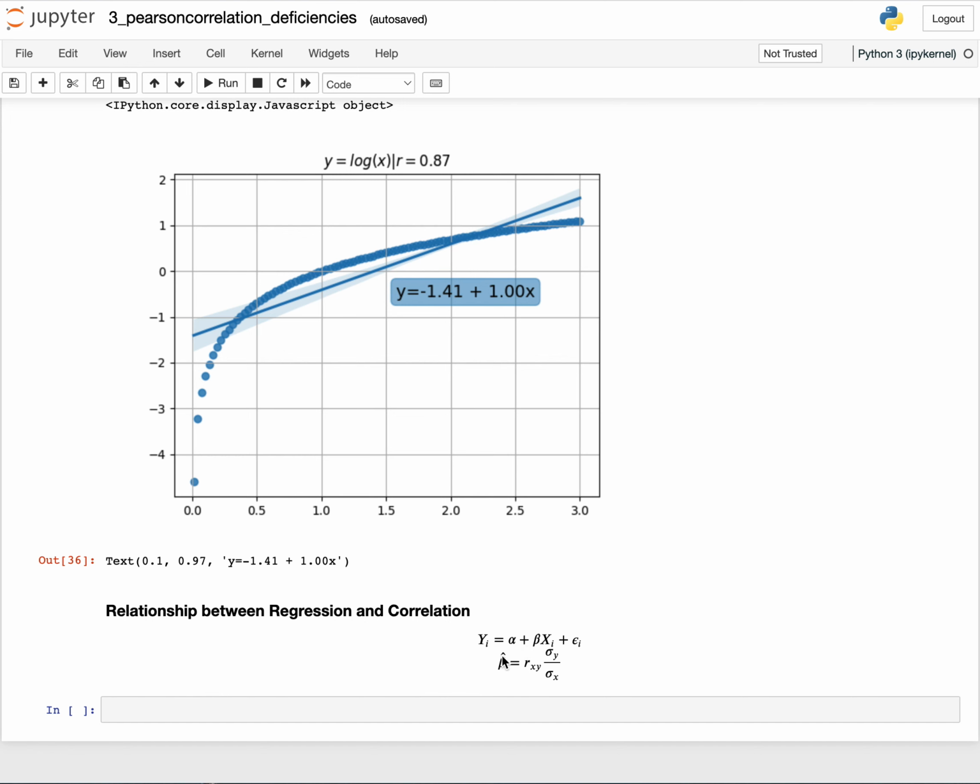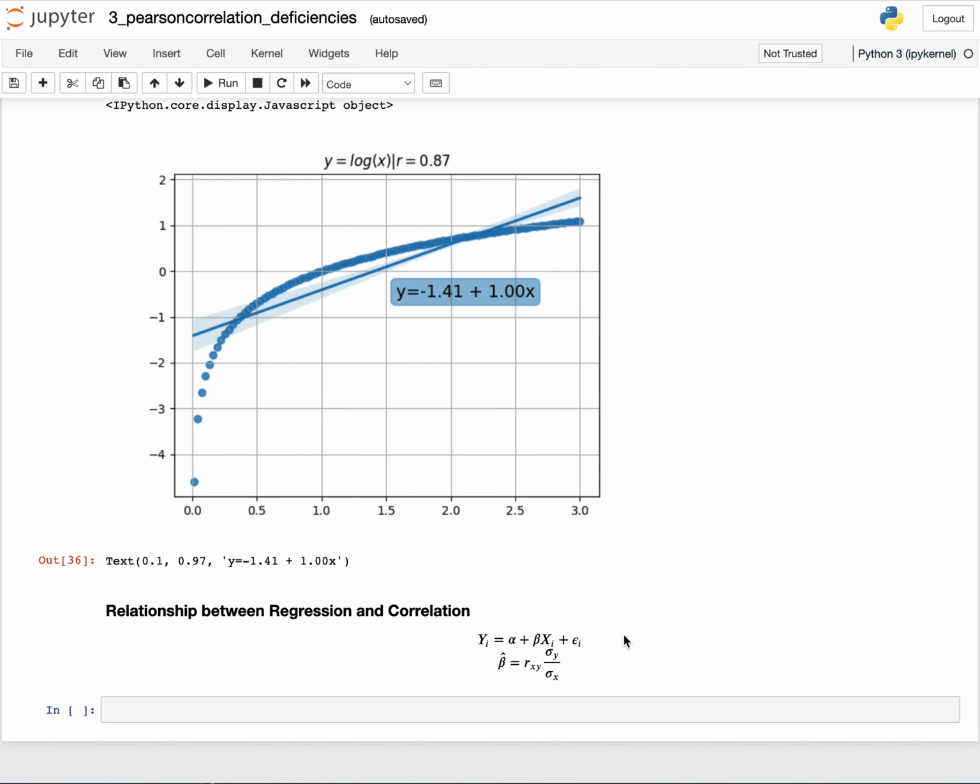Then given that, beta is actually equal to the correlation multiplied by the standard deviation of y divided by the standard deviation of x. So that means that correlation is a scaled version of the slope of linear regression.